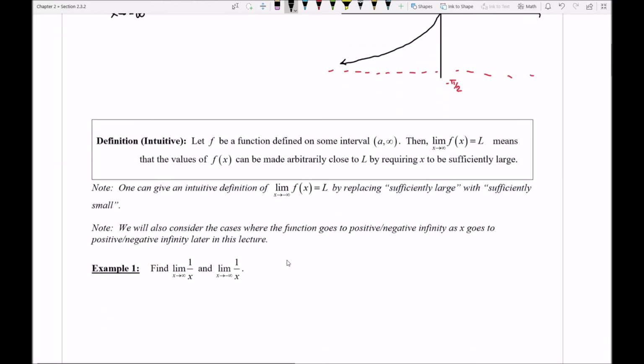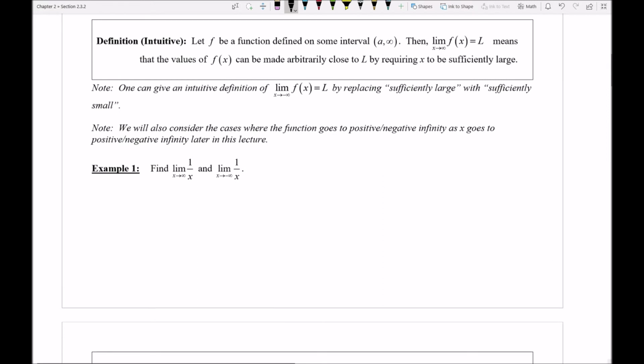So really quickly, we can see that we can begin to apply this to a whole bunch of different graphs and functions. Consider example number 1. Can I find the limit of the function 1 over x as x approaches infinity and negative infinity?